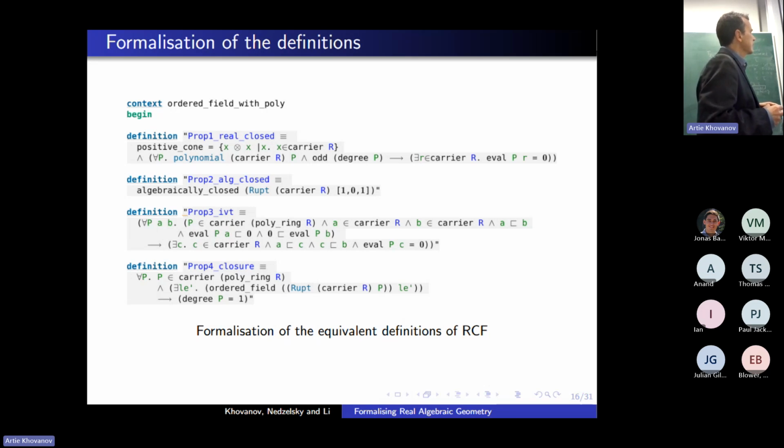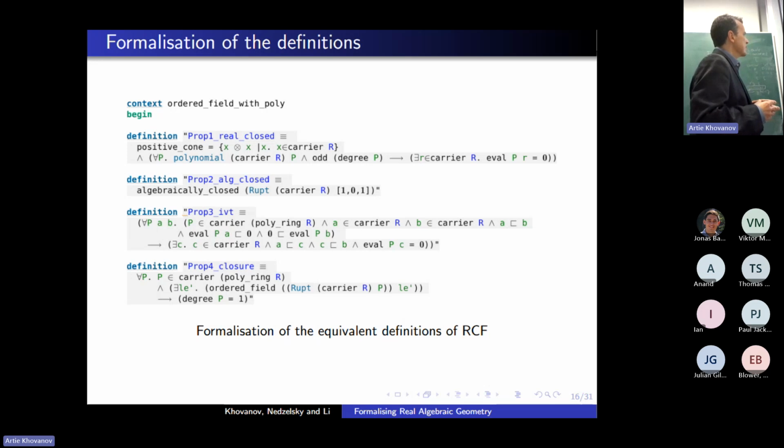The second one states that we have this quotient, this polynomial which is defined by a list of coefficients. The third, I think, is evident.